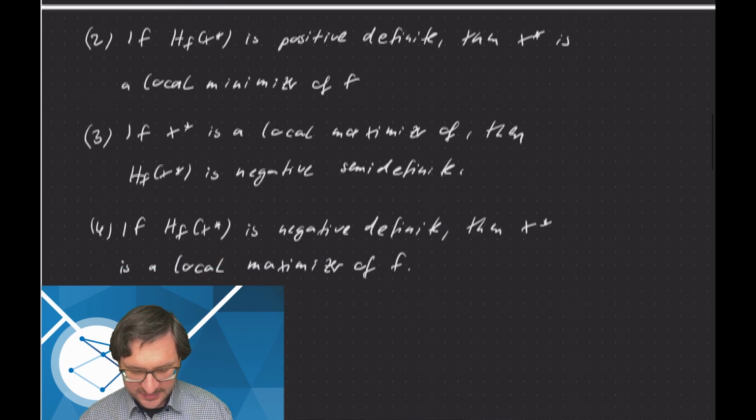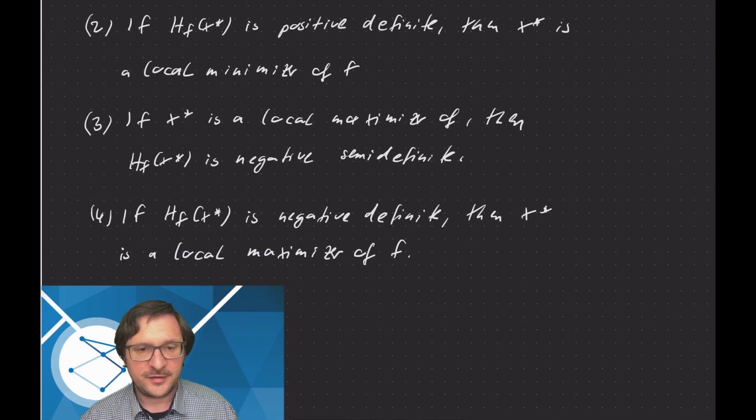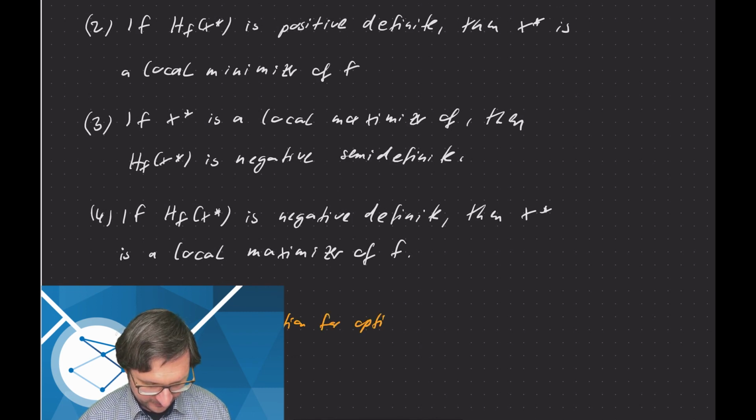Let me just mention that, analogous to that theorem in one of the last videos, the first order condition for optimality, this is now a condition that involves the second derivatives, and that's why this is called a second order condition for optimality.